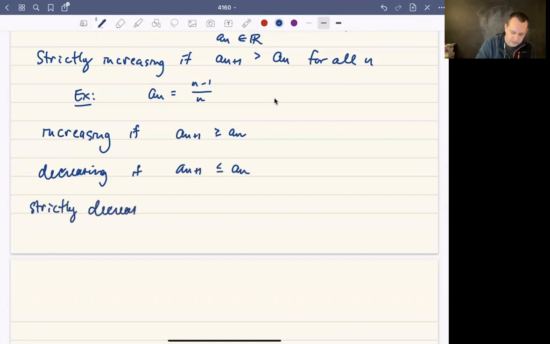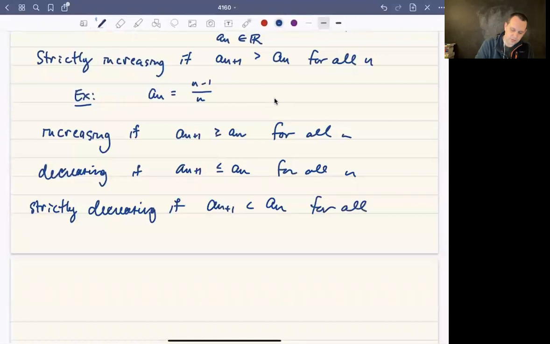So this is strictly decreasing if a sub n plus 1 is less than a sub n. Hopefully, I haven't written out all the details, but hopefully you understand precisely what I mean. These are all statements that are true for all n. Okay, so that's what strictly increasing, strictly decreasing, increasing, and decreasing all mean.